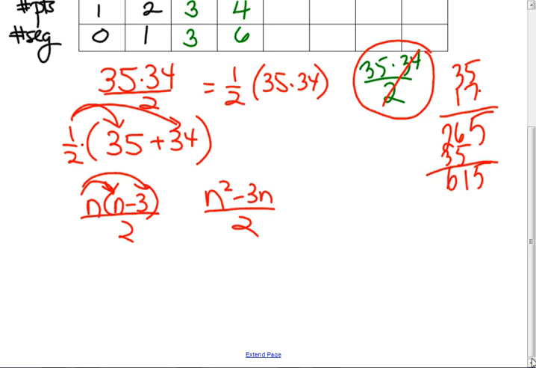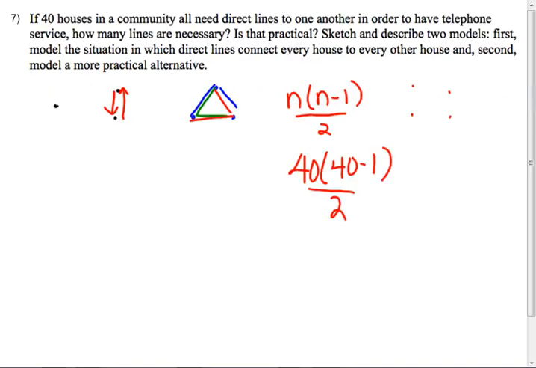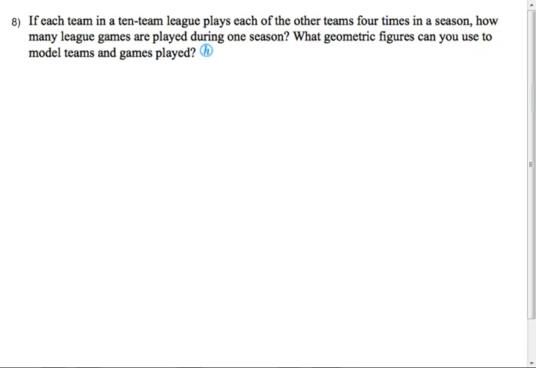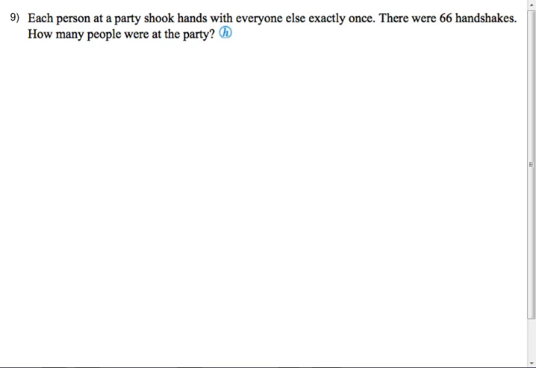I am going to hand these back because I want them back to you. Your job is, because the assignment isn't that long, I don't think it's very bad, but it's to look at, we have 8 and we have 9. 9 is tough. 9 is a handshake problem, but you have to solve for n.